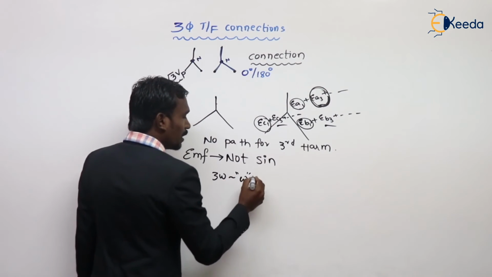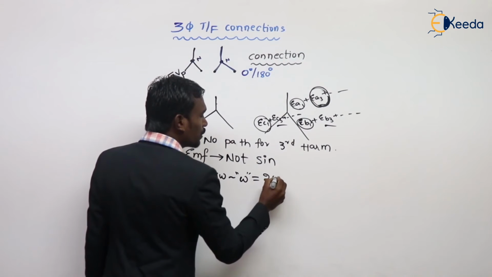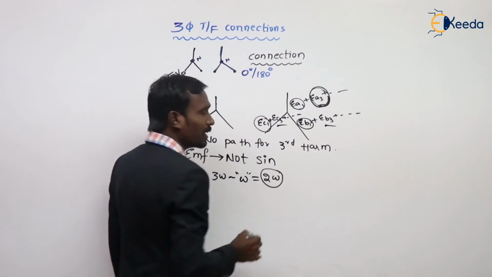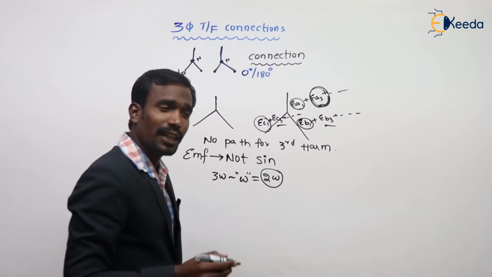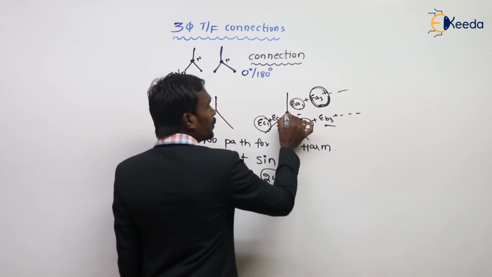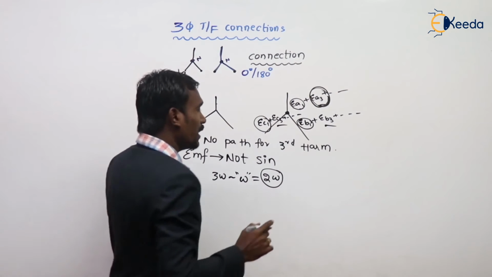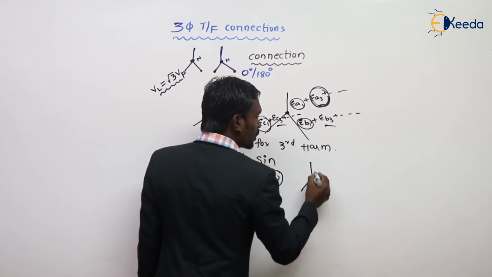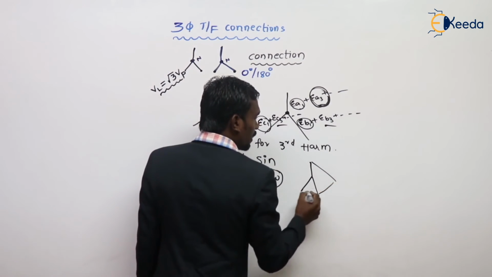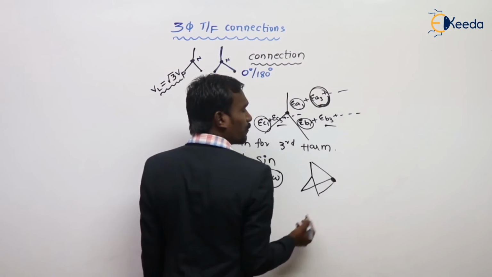Now the resultant is 2 times the angular velocity. Nothing but here the neutral point is not constant. The neutral point is shifted from its position, maybe due to the third harmonic components.